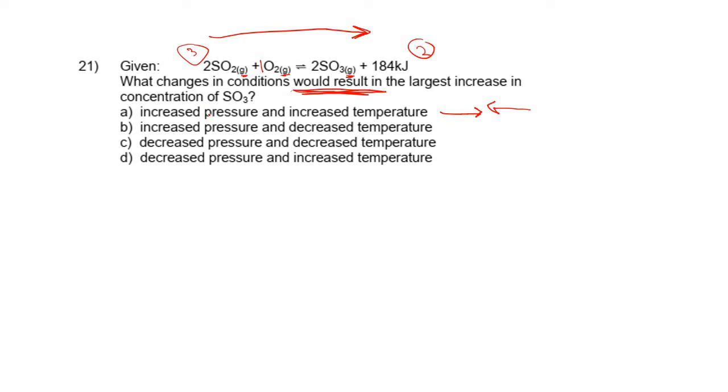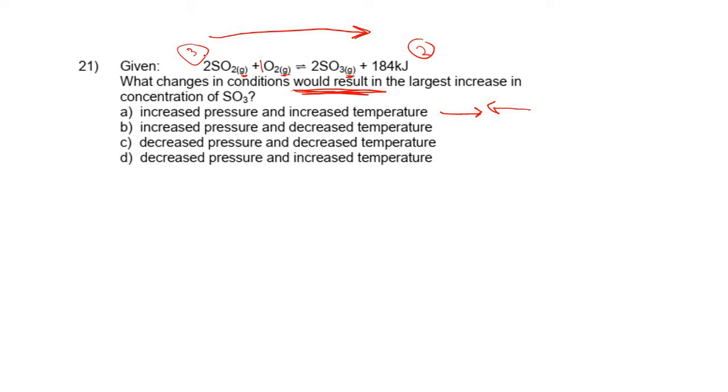So if I'm increasing the pressure, I want to shift away from what's added. So if I'm adding pressure, I'm going to shift away from the side with more gas particles, right? So that's kind of another way to think of it if that helps you out. And then it's kind of a little bit more uniform in terms of your away from what's added and towards what's taken away. So with gases, always think about the side with more gas particles.